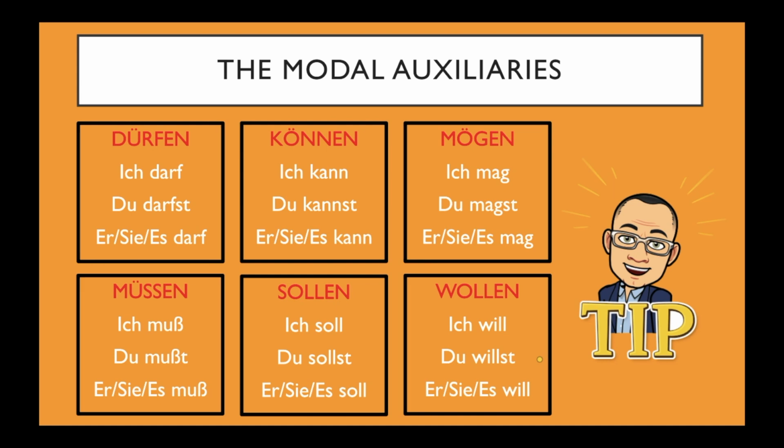These are super important because you use them a lot. They are dürfen, können, mögen, müssen, sollen, and wollen. And the same as the others, only the first three forms are irregular. The others, the wir, the ihr, and the sie form plural, they are regular. So try to remember them, write them down.